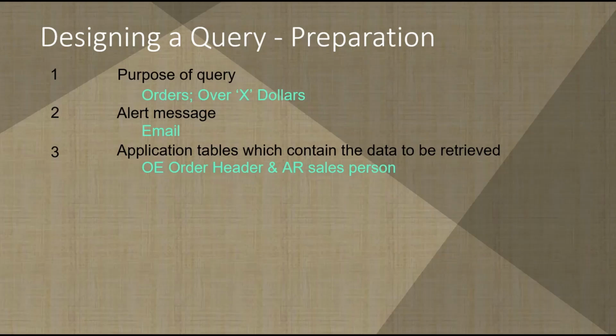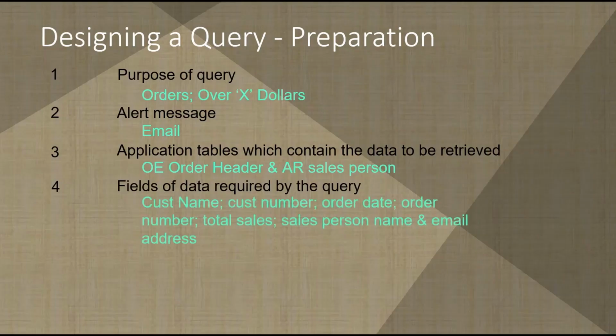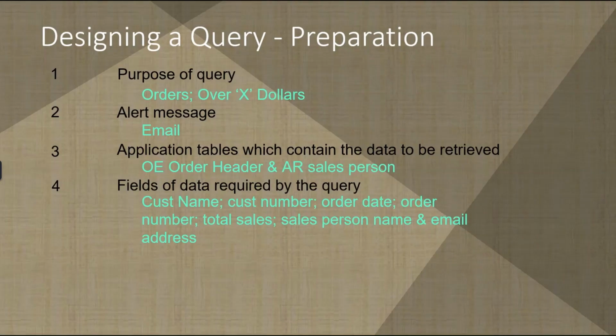The next item is to identify the fields of data required by the query. The VP of Sales is looking for each email to have the customer name, customer number, order date, order number, total of the sales order, and the salesperson's name.